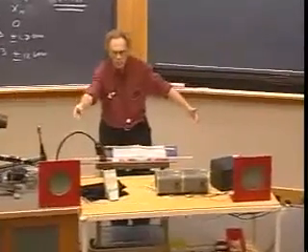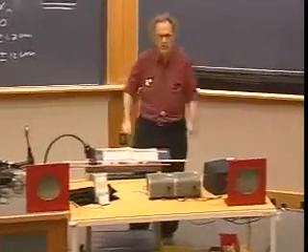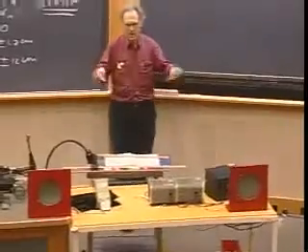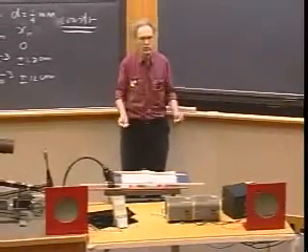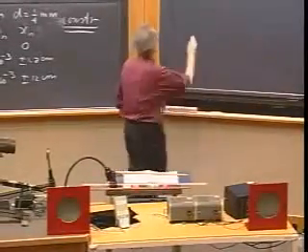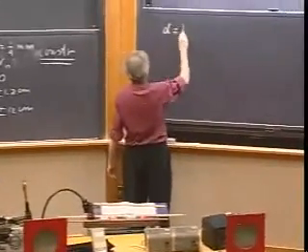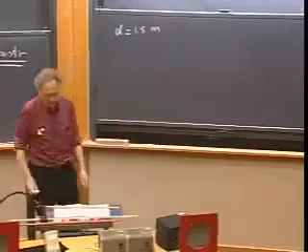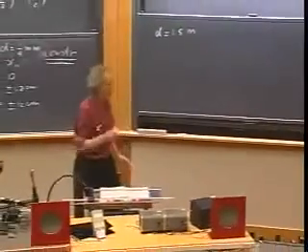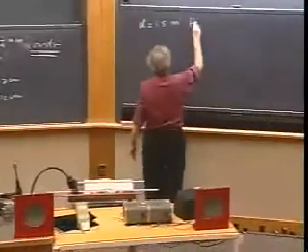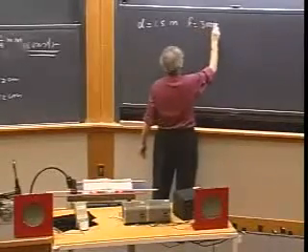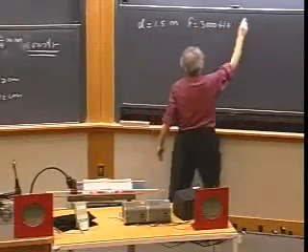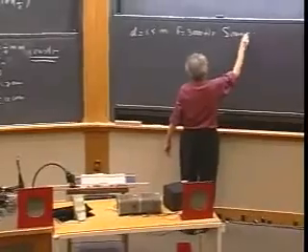So here is a source of sound, and here is a source of sound. And they are fed by the same electronics. And so the d, the separation, is 1.5 meters, and the frequency is 3,000 hertz. So we do this experiment now for sound.